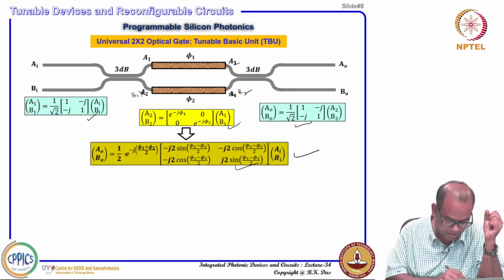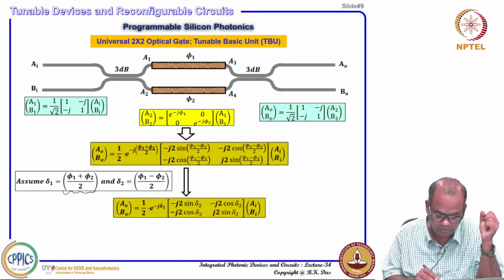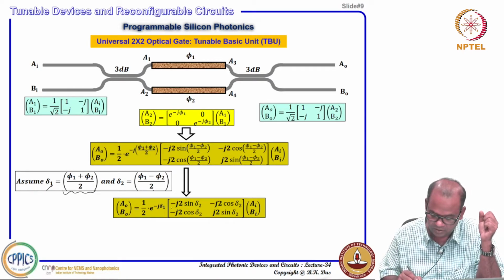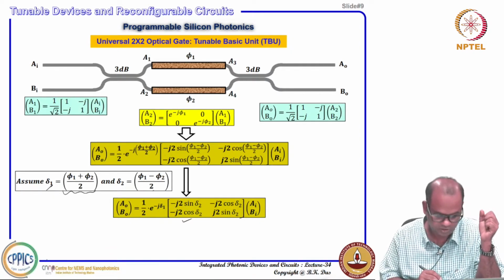Also you assume phi 1 plus phi 2 by 2 as delta 1, and phi 1 minus phi 2 by 2 as delta 2. Okay. So, in that case I can have minus j 2 sin delta 2 and minus j 2 cos delta 2, that is all. So, phi 1 phi 2 you are just substituting, simple, straightforward.